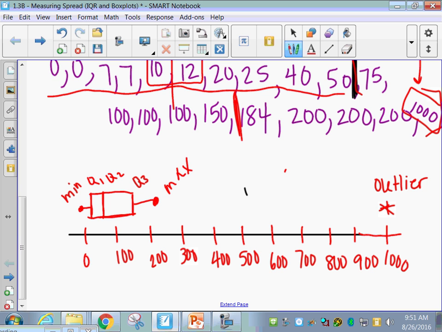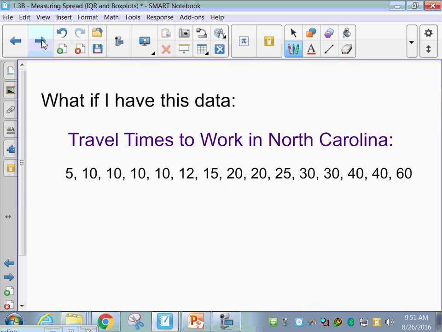So what if we have, I just did an even number of data. We only had 20 numbers on that one. This one is 15 numbers. This is important to know how to do, and it is a little bit different, and you may have forgotten. If you have 15 numbers, there is a middle number, so the median is pretty easy to find.